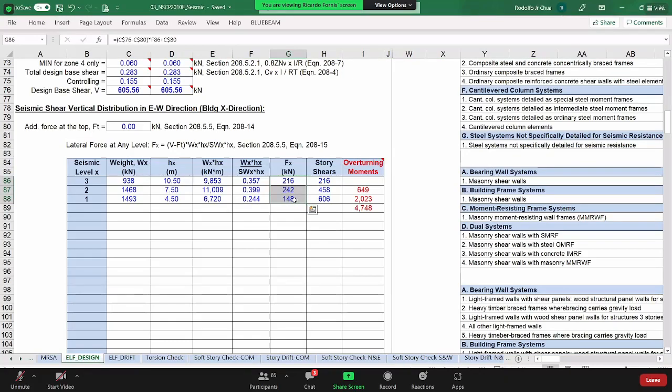So we have 148 for level 1, 242 for level 2, 216. Well, level 3 should be larger than level 2, but since we don't have additional force calculated according to equation 208-14, it comes out slightly lesser than level 2. There's a small discrepancy. So this is now the force that we have to apply at each level of your structure.